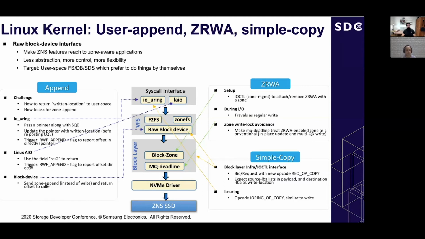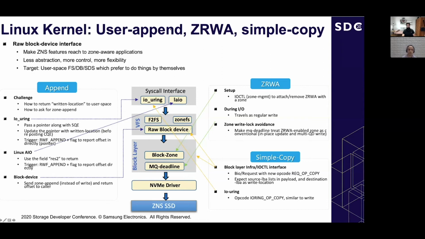As far as the trigger for the append is concerned, it is the same as AIO, except that here the flag tells the kernel to report the offset indirectly because it is expecting a pointer. So the flag should convey the same. The last point about this whole interface is that it is not yet frozen, but a lot of debate has happened in the Linux kernel mailing list to arrive at this. So I believe the final interface wouldn't differ much from what I described here.